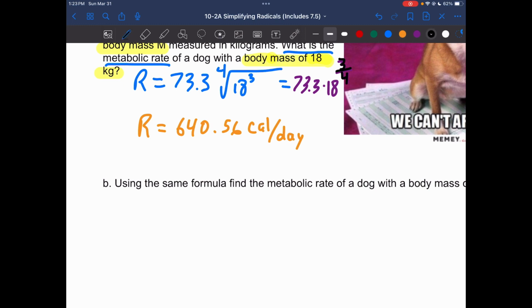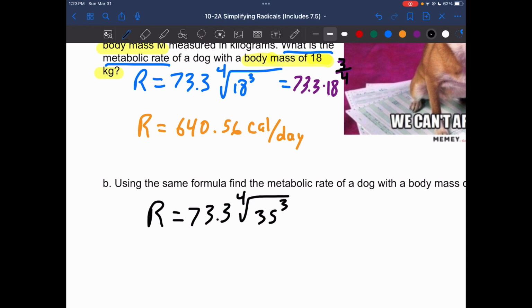We have the same formula, R equals 73.3 times the fourth root of 18 cubed, not 18 cubed, because now we're doing 35 cubed. All right.